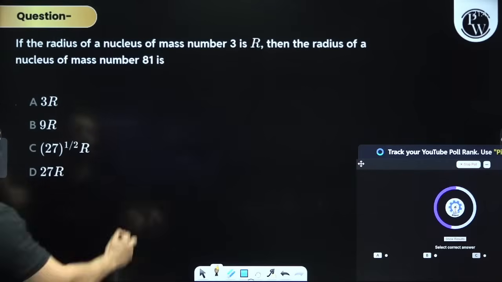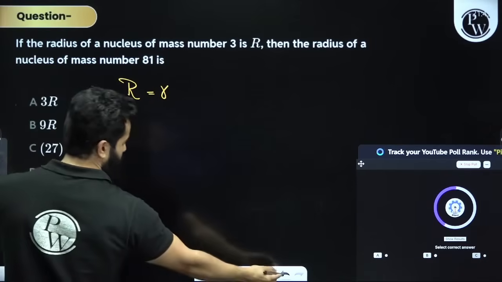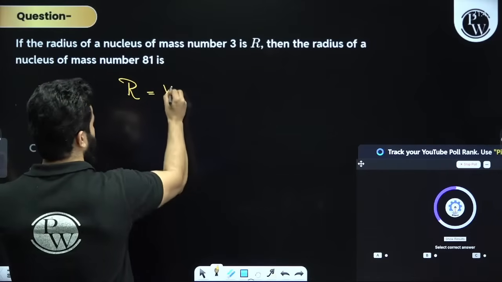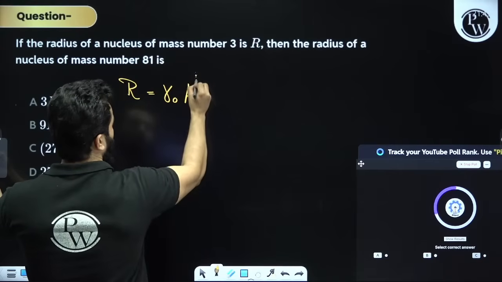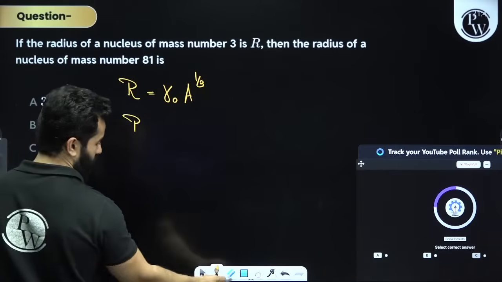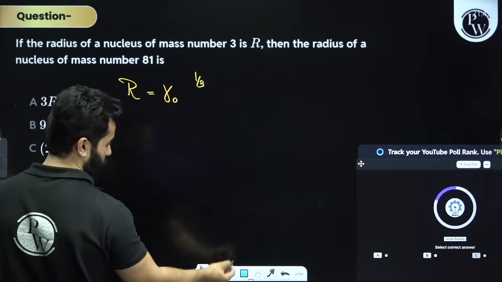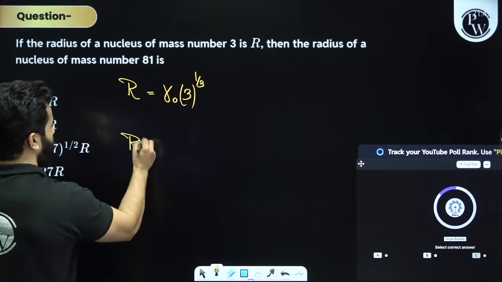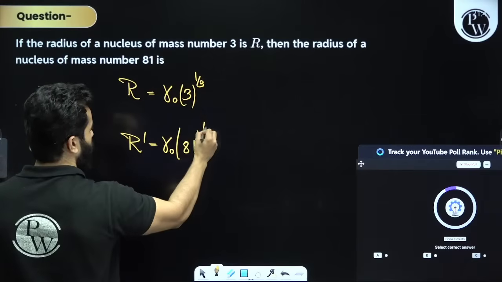Everyone should remember that radius can be written as r naught times A raised to the power 1 by 3, where A is the mass number. So radius R dash will be r naught times 81 raised to the power 1 by 3.